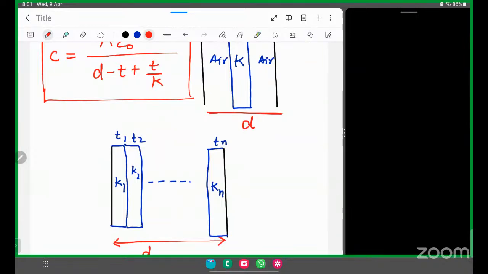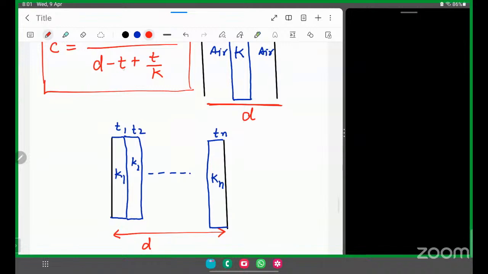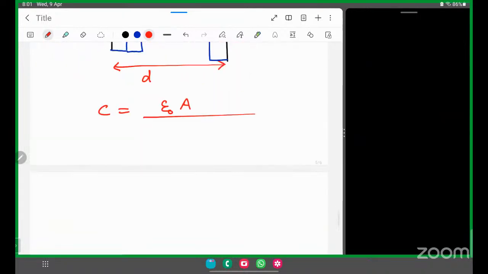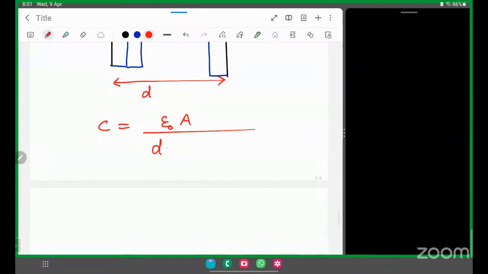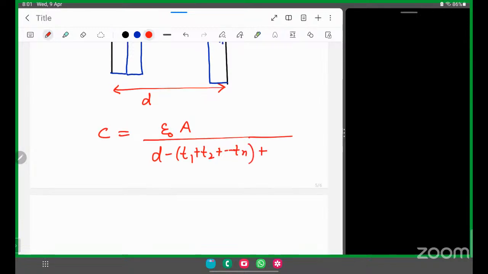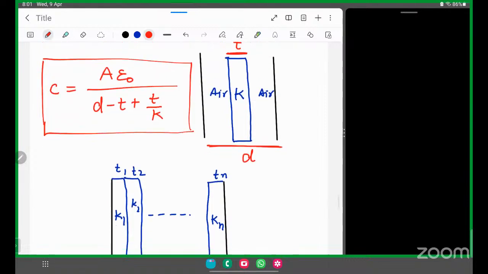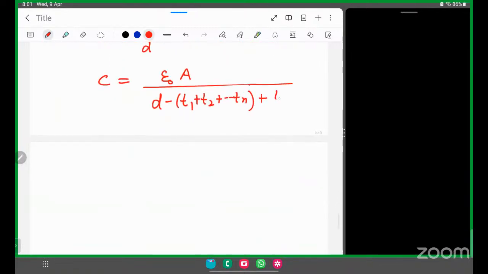If we have T1, T2, up to Tn, in place of T it will be T1 plus T2 and so on. So epsilon naught A upon D minus (T1 plus T2 plus up to Tn), and along with this we will have the next term, T by K, which in this case will be T1 by K1 plus T2 by K2 plus and so on.